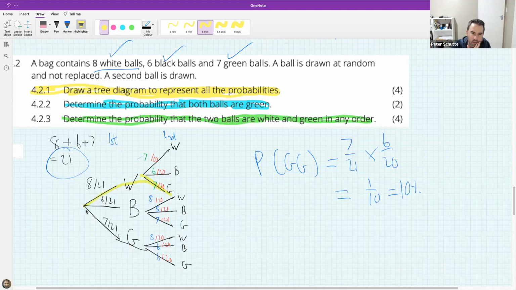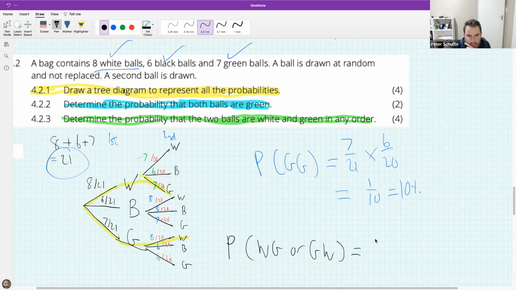And that could be, so basically what I'm saying is, what is the probability of getting WG or GW? And I'm going to add them.